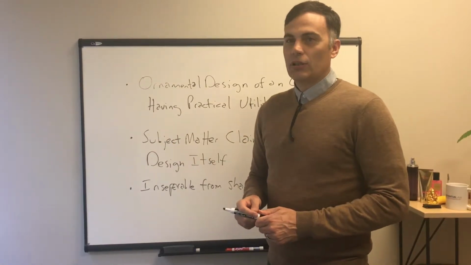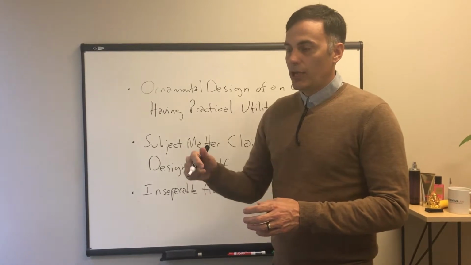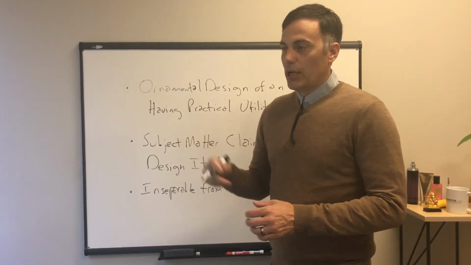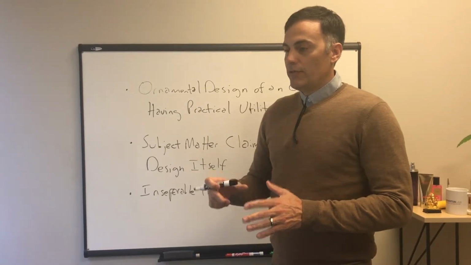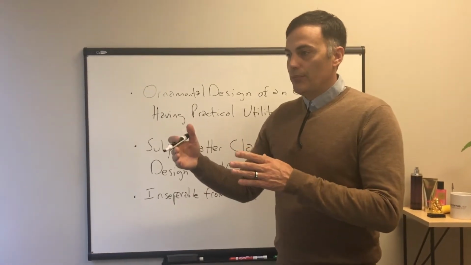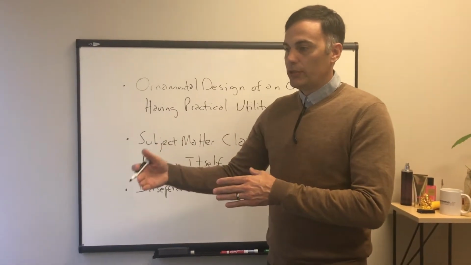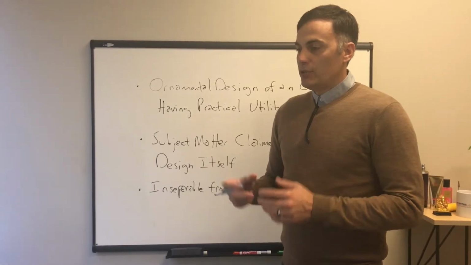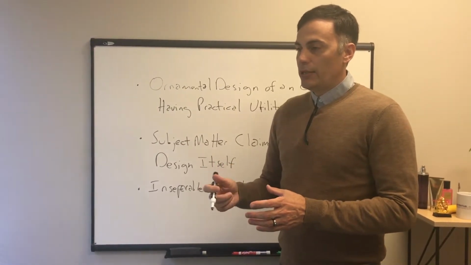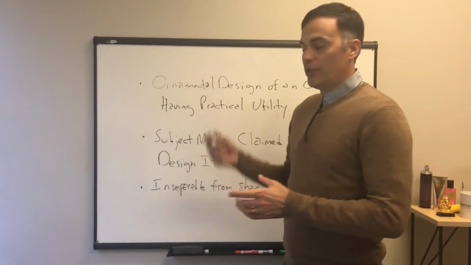For example, I have a client who is doing a mobile device that includes a magnetic strip reader, and so their invention is how they were able to optimize the mobile device from a technical standpoint to include the magnetic strip reader, but also when you look at the object itself, the mobile device, it actually has a new ornamental design to it.